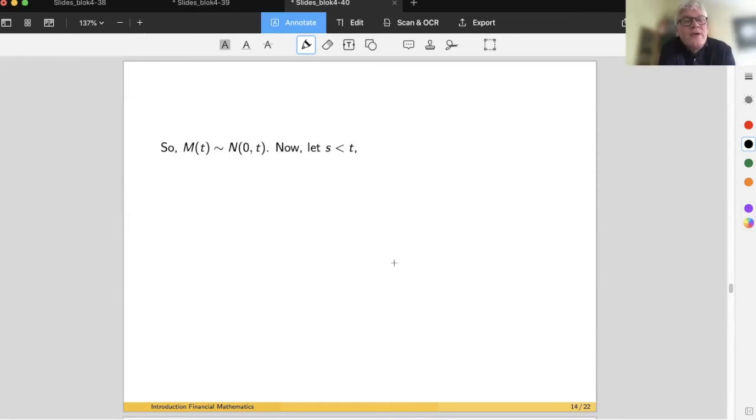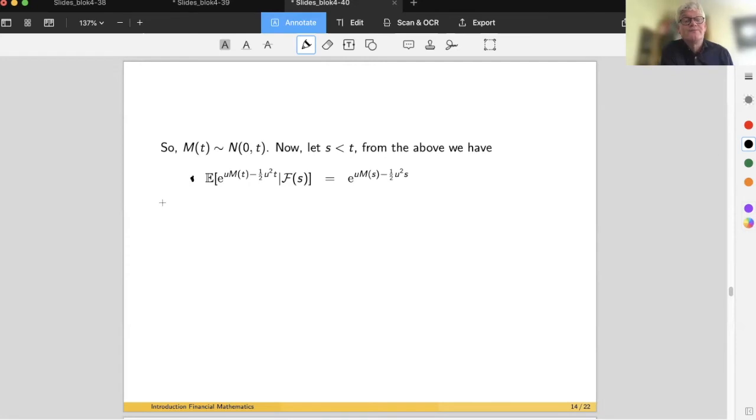If we know it's a martingale, then when s is less than t, by the definition of the martingale, the conditional expectation of e to the u m_t minus 1/2 u squared t, given the filtration up to time s, is in fact e to the u m_s minus 1/2 u squared s, by the martingale property.